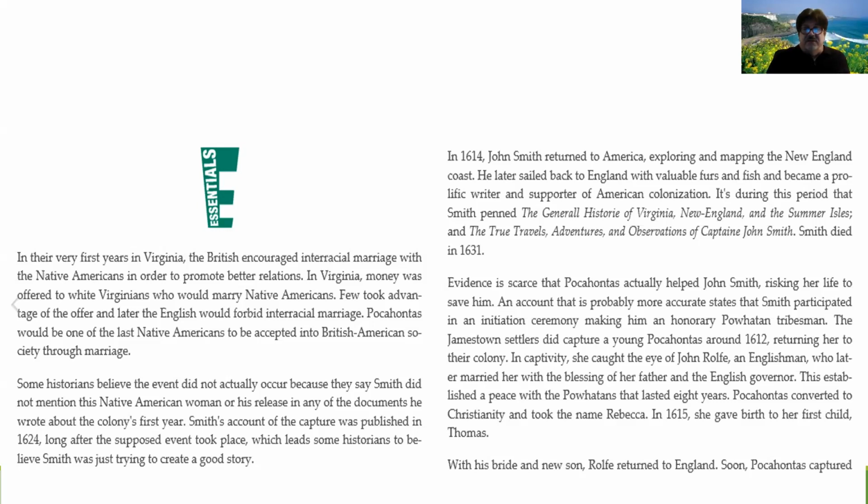This established a peace with the Powhatans that lasted 8 years. Pocahontas converted to Christianity and took the name Rebecca, or the English name Rebecca. In 1615, she gave birth to her first child, Thomas.